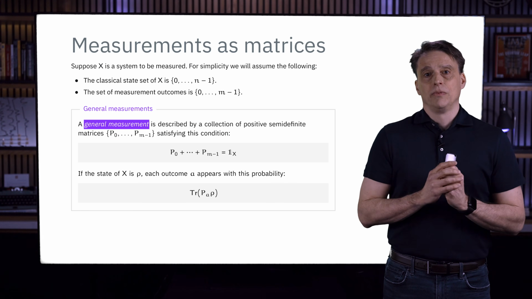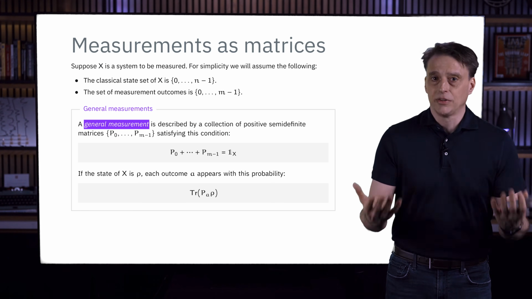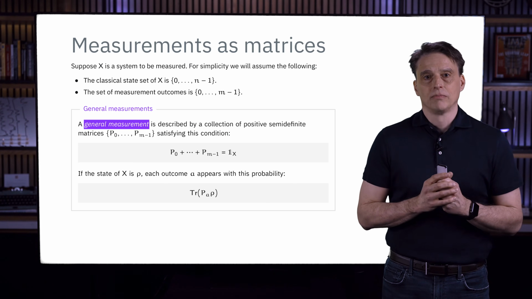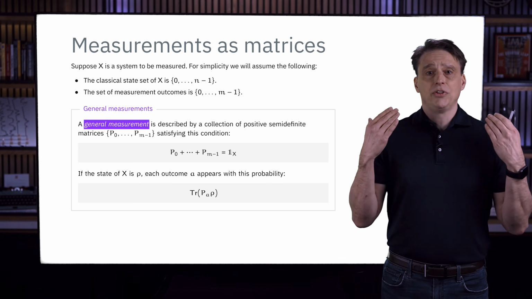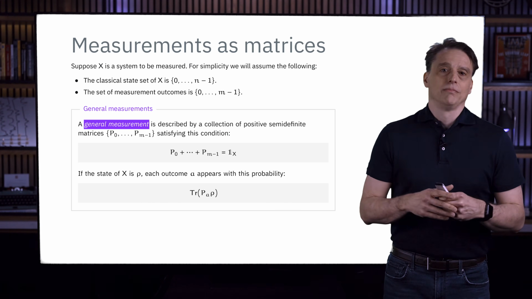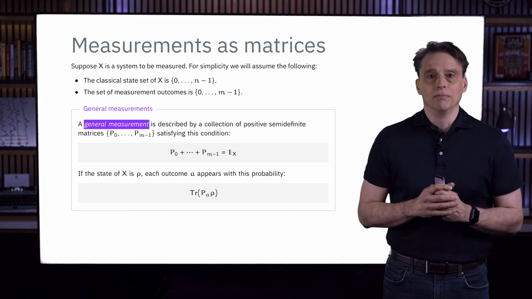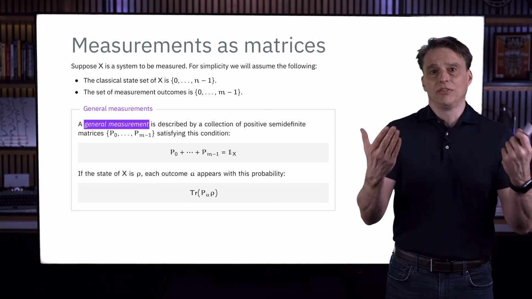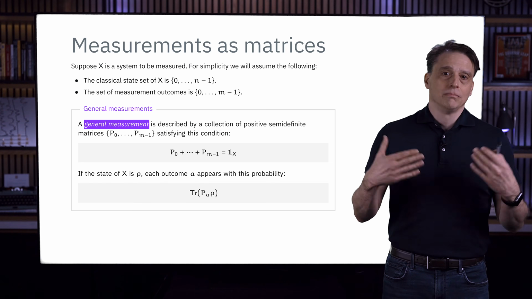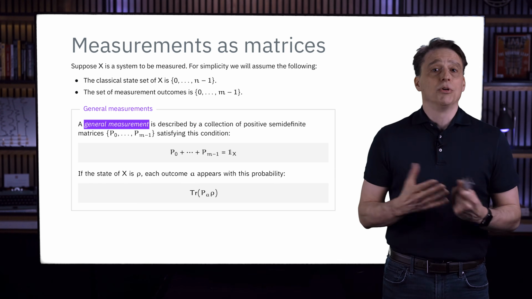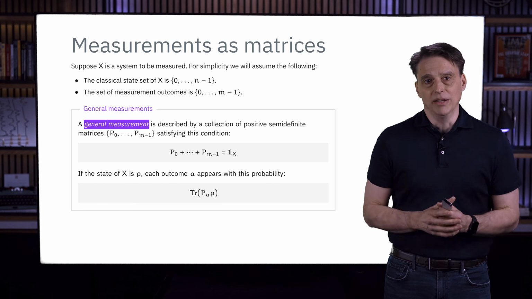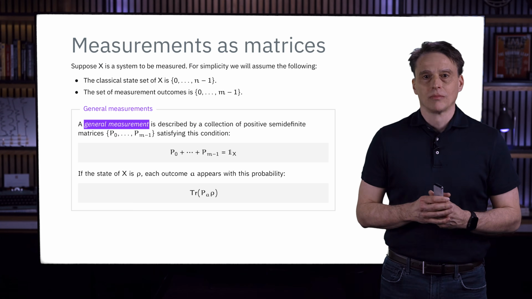In short, the only thing that's changed is that we've relaxed the condition on these matrices. In particular, the matrices don't need to be projection matrices, they just need to be positive semi-definite. And correspondingly, I've replaced the letter pi with the letter p, because pi is a conventional name for a projection, whereas I like to use the letter p for positive semi-definite matrices.